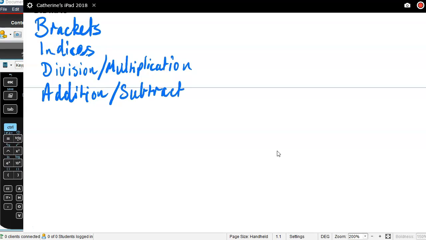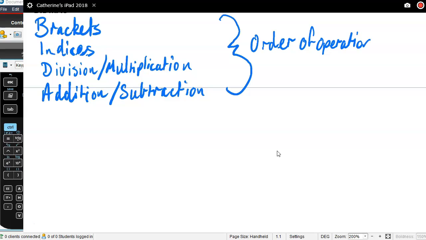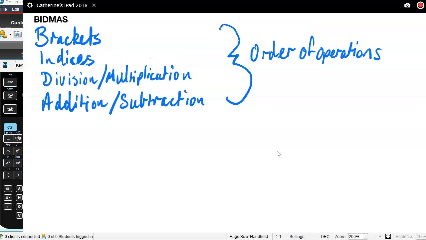Now, this all is the order in which we do operations. Order of operations. Now, of course, this means we do brackets first, then any indices. This division and multiplication, we do them at the same time, working from left to right. Addition and subtraction, we do the same time, working left to right.